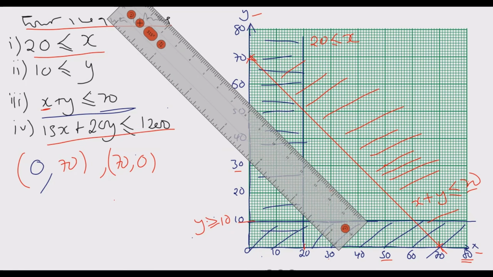So similarly, what we do with this one is we assume that if x is equal to 0, what is the value of y? So the value of y becomes, let me just move to the next page, the clear one, so that you're able to see. So it becomes 15x plus 20y is less or equal to 1200.